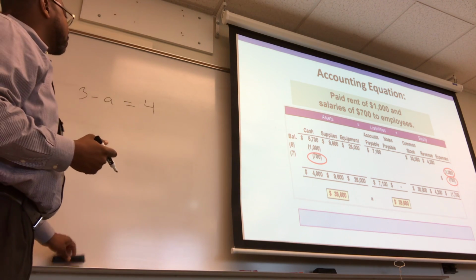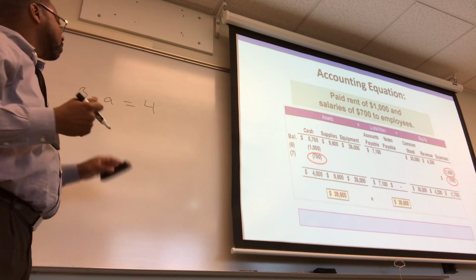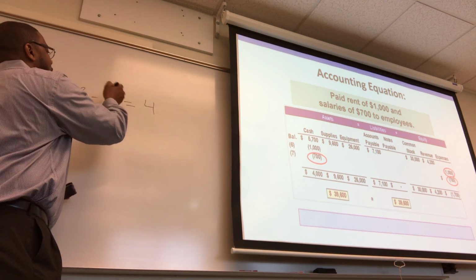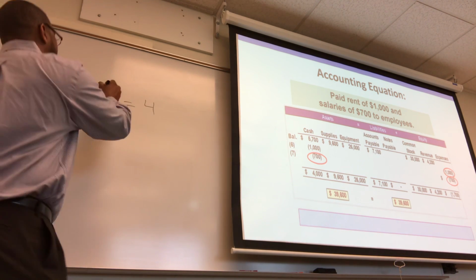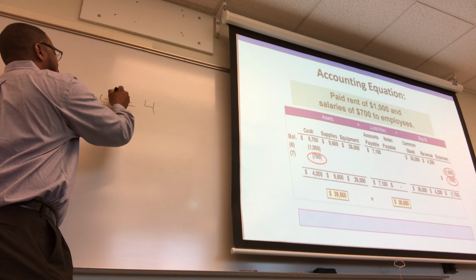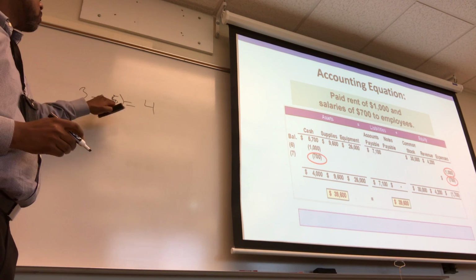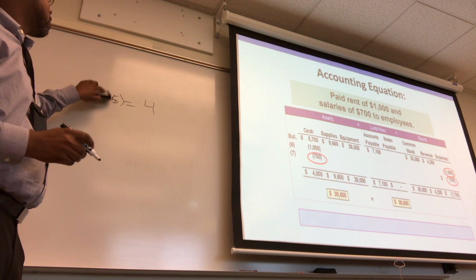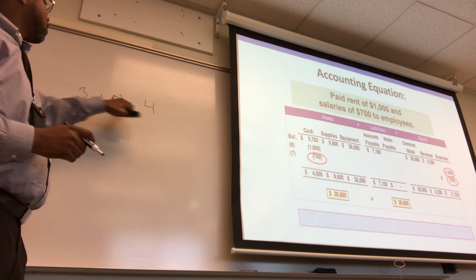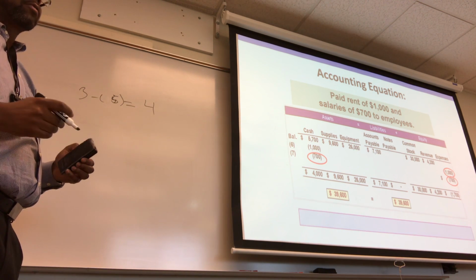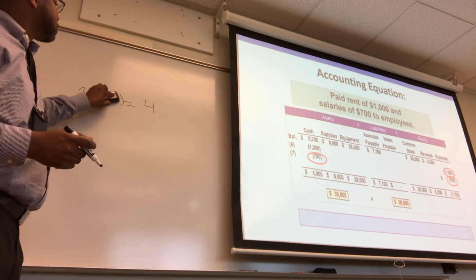So A has got to be negative 1. Everybody with me? Because these are two negatives. Wouldn't it be 5? It's got to be negative 1.